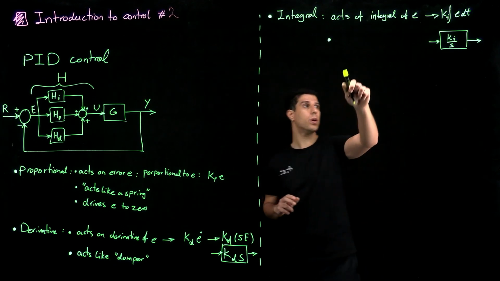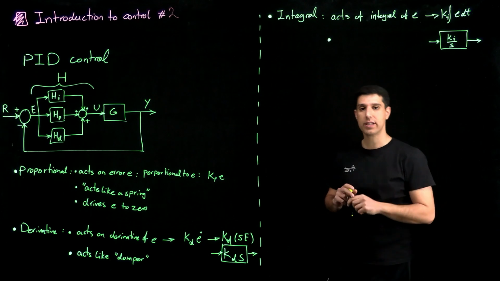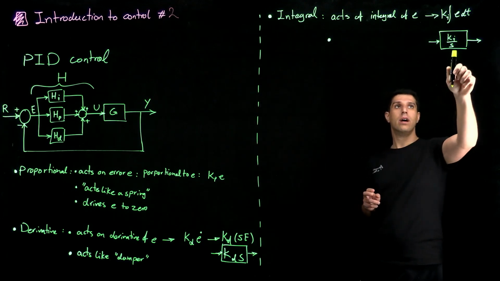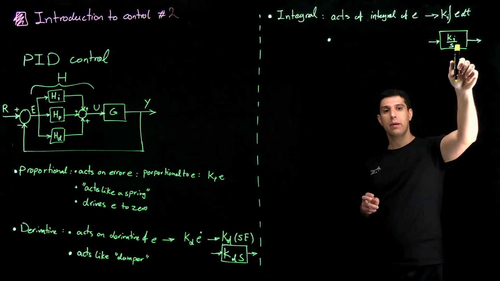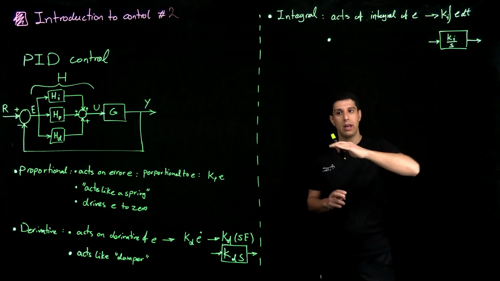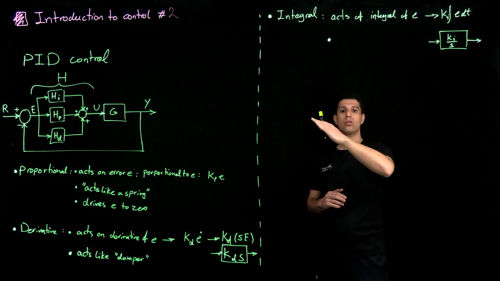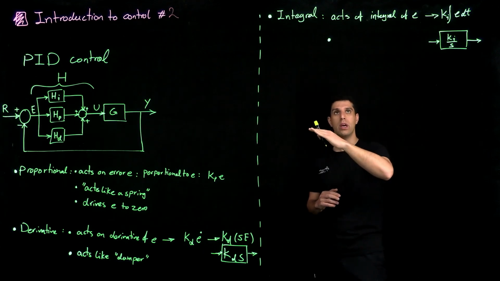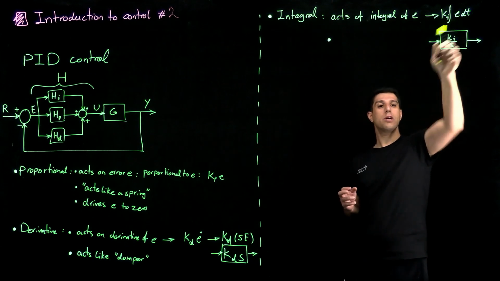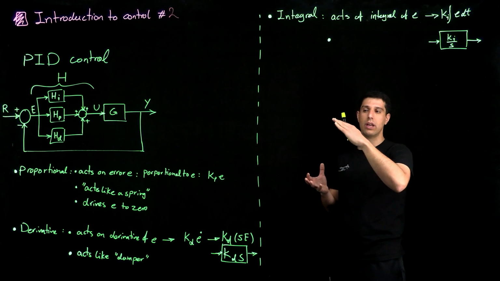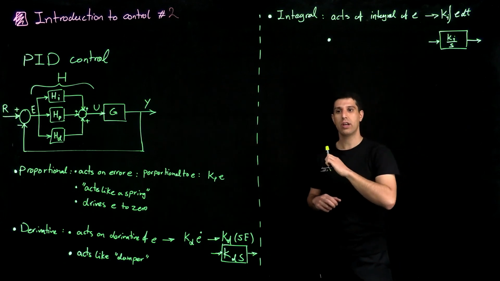So two effects happen when you include an integral controller. One is because it is acting on the cumulative error, if your proportional controller cannot get you to the desired reference you want to be at, this controller keeps building on the existing error and increases your input until you reach your desired value.